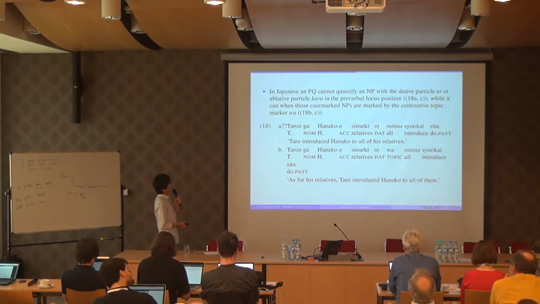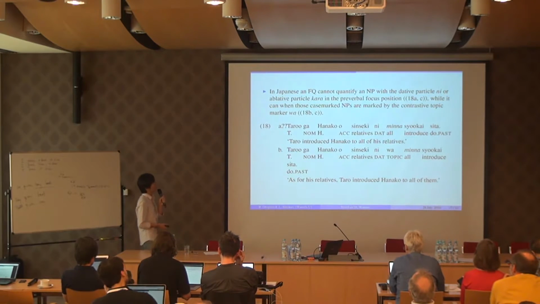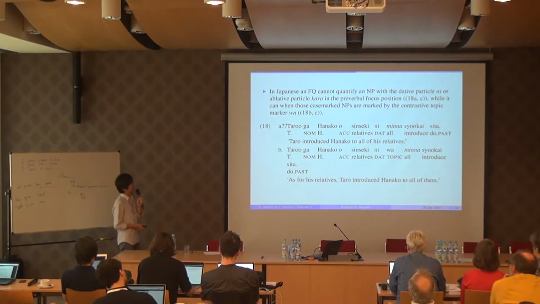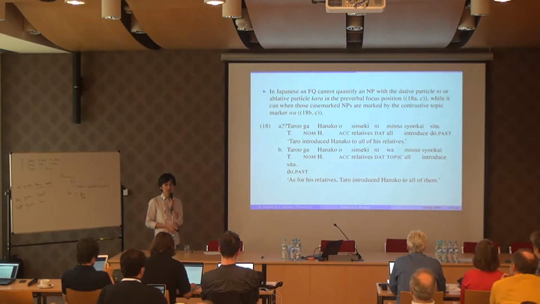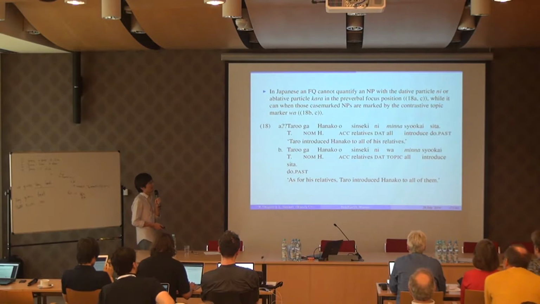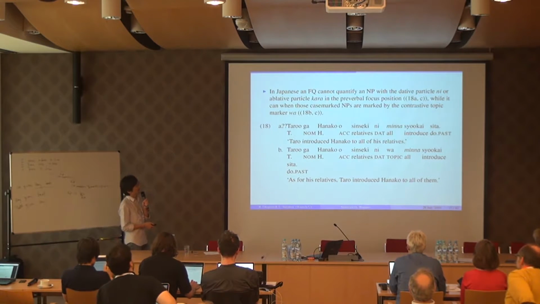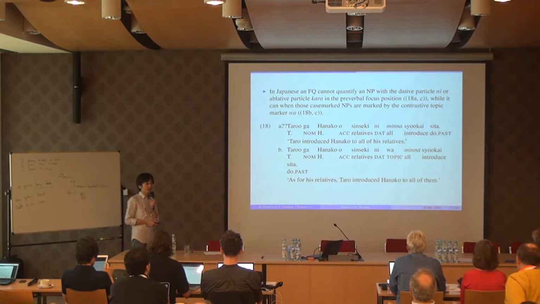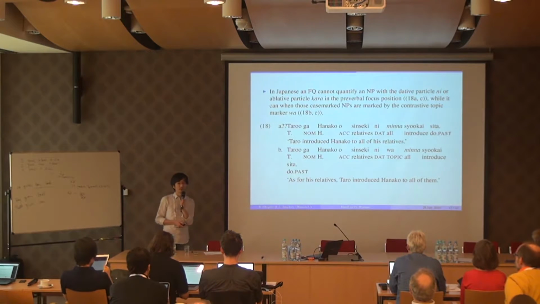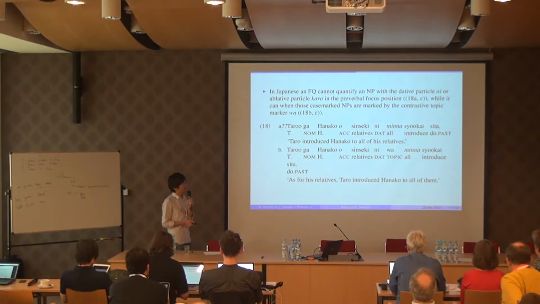And the second piece of evidence comes from Japanese. In Japanese, the preverbal position is the focus position. Particularly when you have an NP with a dative particle ni or an additive particle, it's very hard to interpret it as a topic.